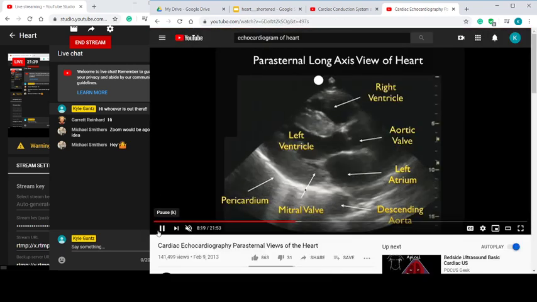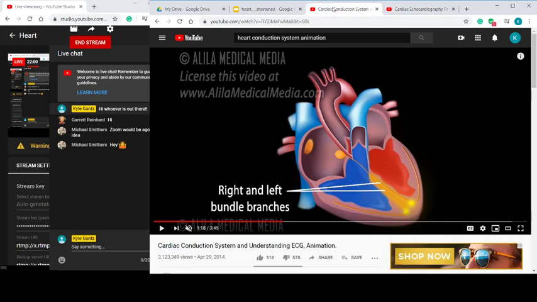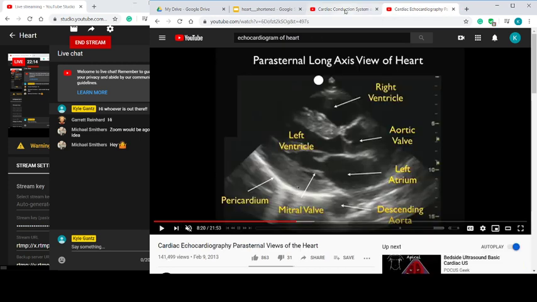Now if we look here, let's orient ourselves. Left ventricle, right ventricle, aortic valve, left atrium. This is completely opposite of how we normally look at this. Instead of looking like this, it has turned clockwise about 90 degrees. See that?